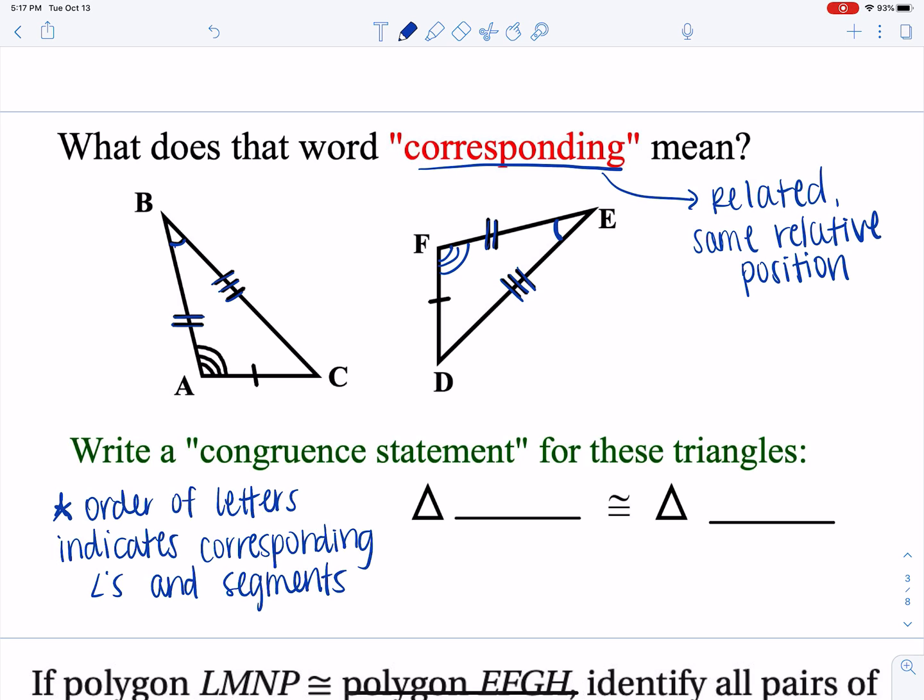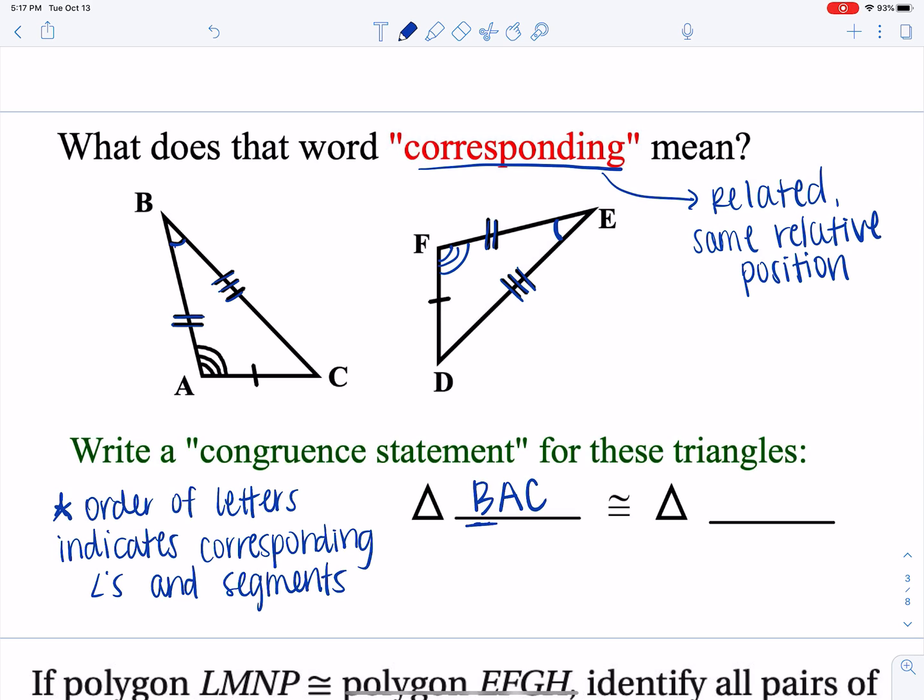So if I name my first triangle, triangle BAC, I have to name the second triangle in a specific way that matches up corresponding parts.